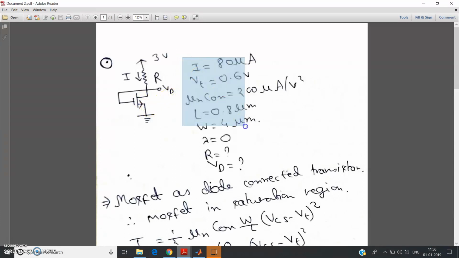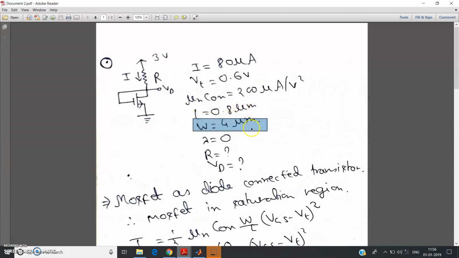So what are the given data? Let us observe. I, that is the current flowing through this resistor, is equal to 80 microampere. VT, that is the threshold voltage for this particular NMOS, is 0.6 volt. Mu n into COX is 200 microampere per volt square. L, the length of the channel, is 0.8 micrometer.